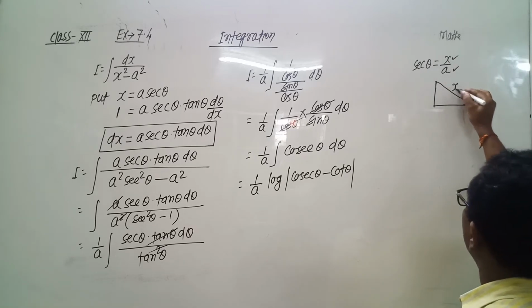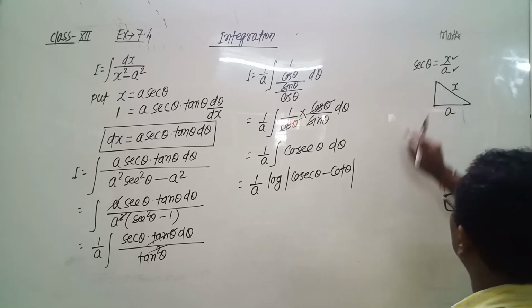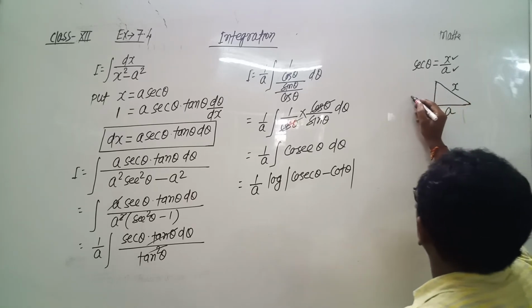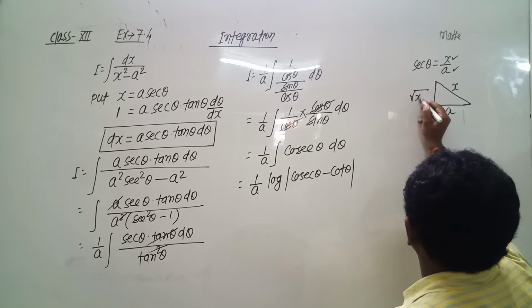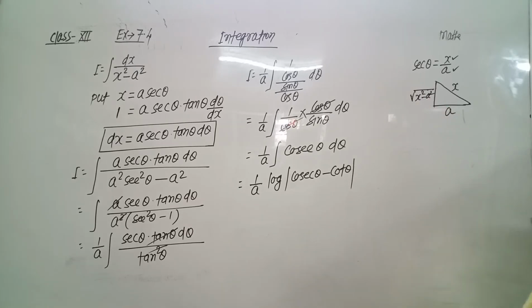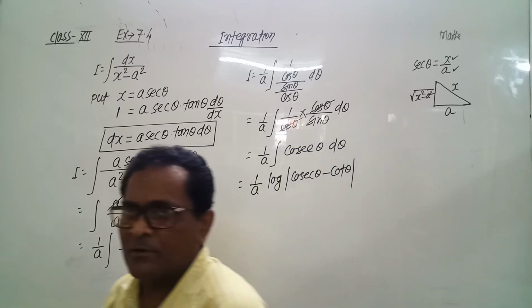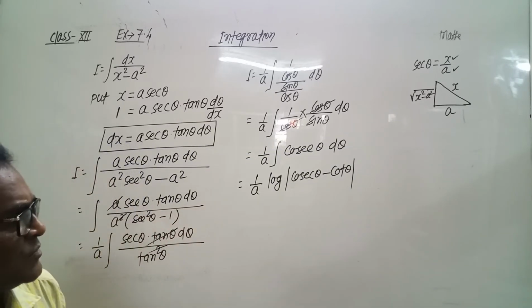So x is the hypotenuse and a is the base. We will calculate the perpendicular. It becomes under root of x square minus a square. If the hypotenuse and base are known, then we can find the perpendicular: perpendicular equals under root of hypotenuse square minus base square.